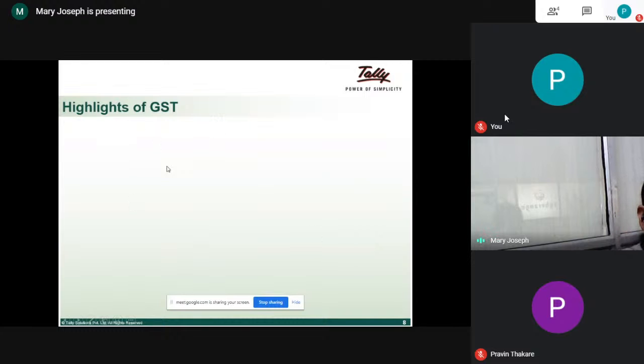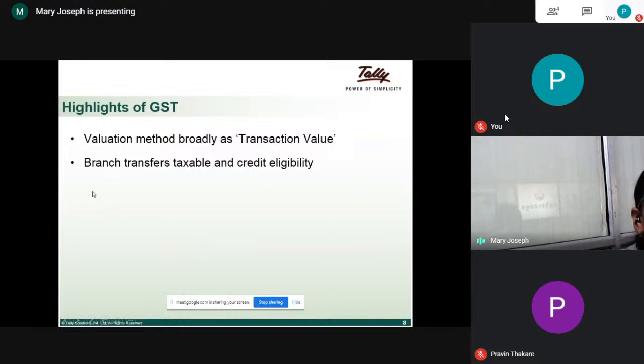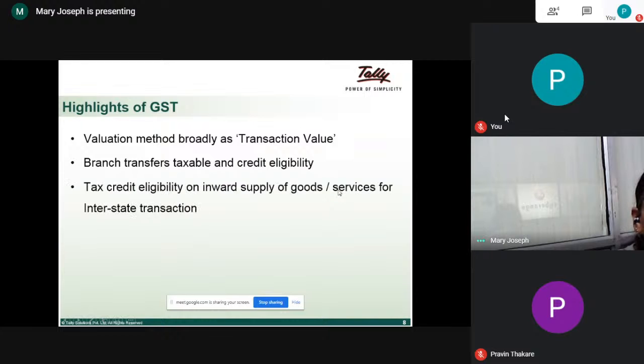Highlights of GST. Valuation method is broadly the transactional value. It is completely based on the transaction value. Another thing, branch transfer is taxable and there is credit eligibility.